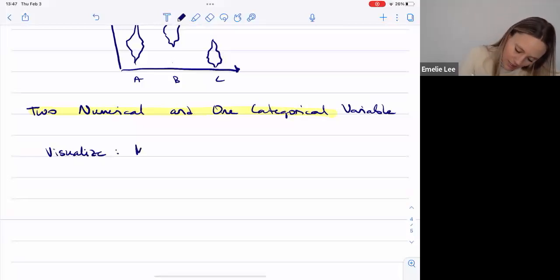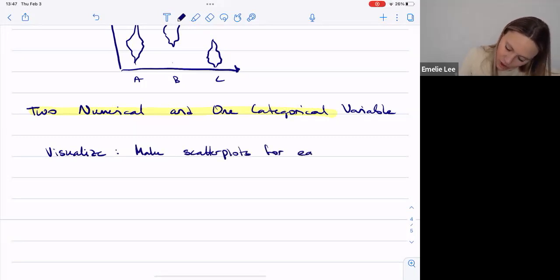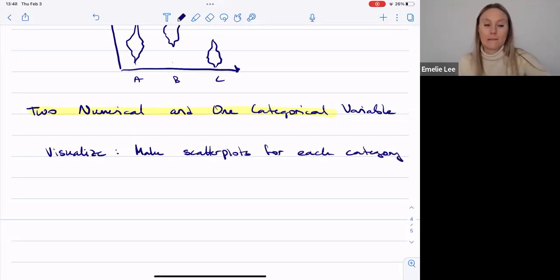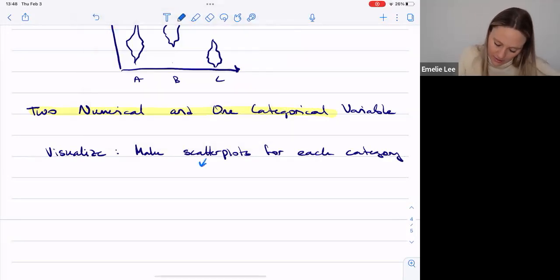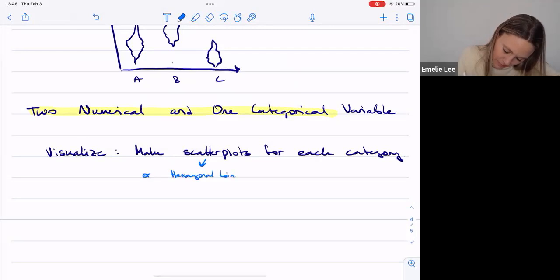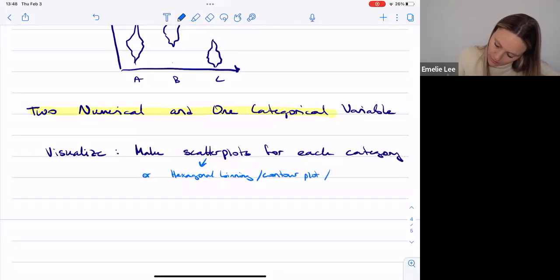Okay, make scatter plots for each category. All right. Scatter plots, which I said includes things like hexagonal binning, a contour plot, or a heat map.